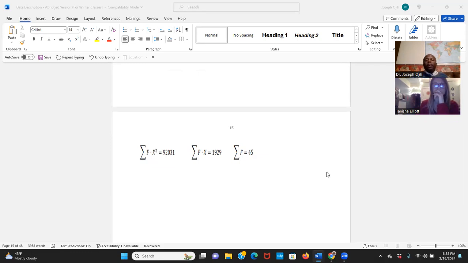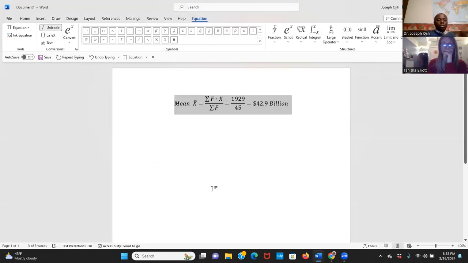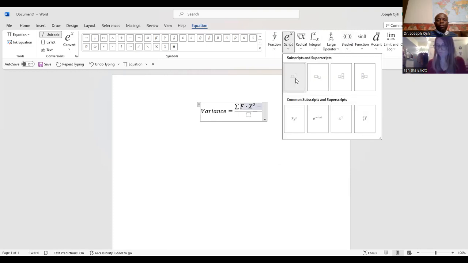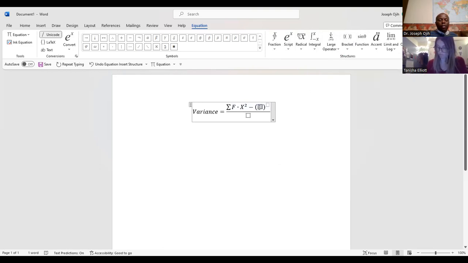So the variance now becomes: variance equals, because it's going to be a fraction, the sum of f times x squared, minus the sum of f times x, squared, over the sum of f, then divided by the sum of f minus 1.